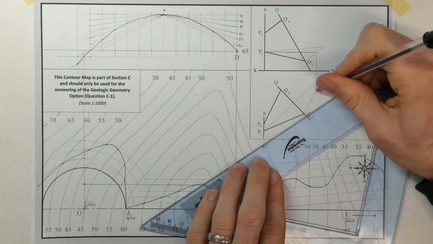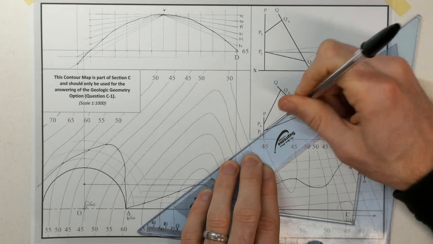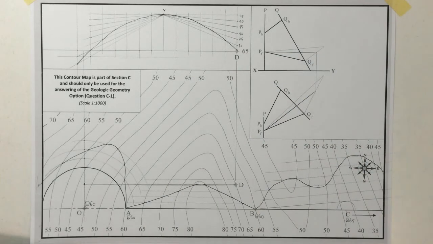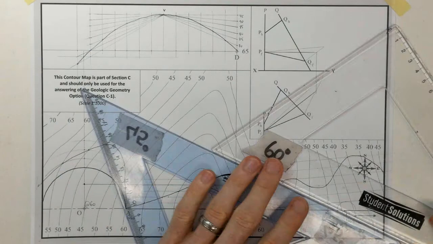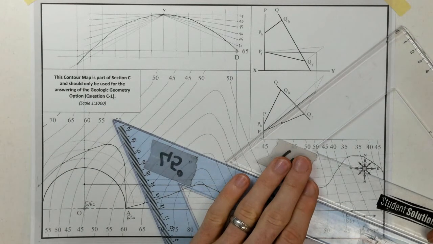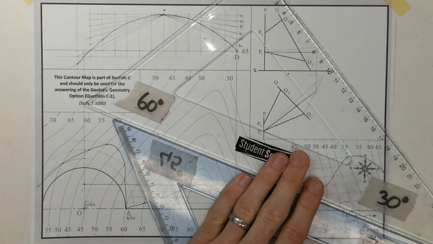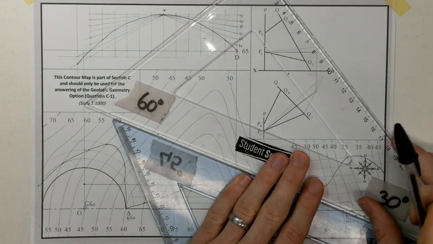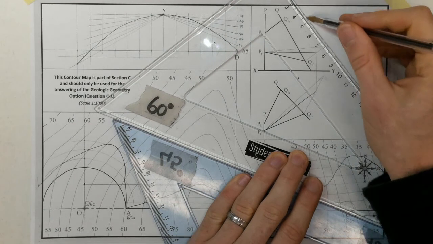Back to PF. That is our strike. Okay, so now we're going to take an auxiliary looking out perpendicular to that, or seeing the strike as a point view. Just around here, we'll go X1 line.